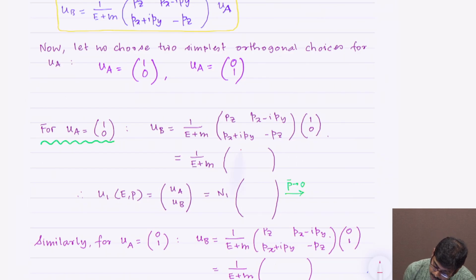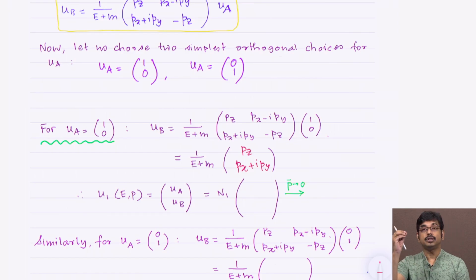So, this will be simply pz, and then this will be px plus i py, as simple as that. So, for a choice of uA which is (1, 0), I have a uB which will satisfy the Dirac equation, and that will be 1 by (E plus m) times pz, px plus i py in the column, right.